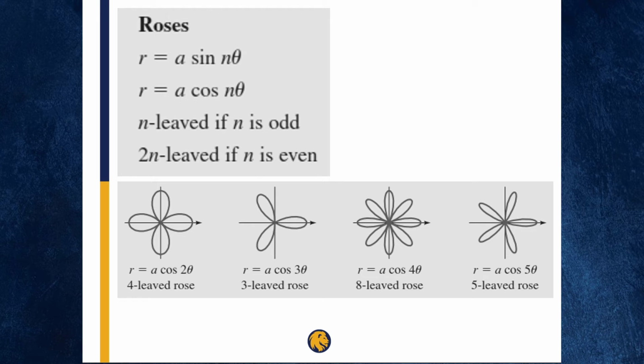So for instance, r equals a cosine 2 theta would be a 4-leaf rose like we saw. Cosine 3 theta would create a 3-leaf rose, 4 theta would create an 8-leaf rose, and 5 theta would create a 5-leaf rose. And the number a out in front is really just going to determine how big the graph will be. If a is bigger, then the petals will be bigger. If a is smaller, then it will turn into a smaller graph.